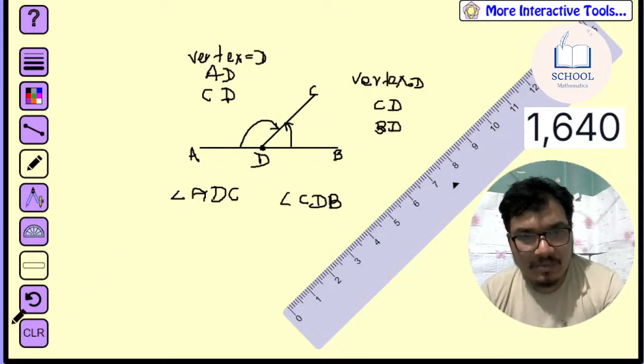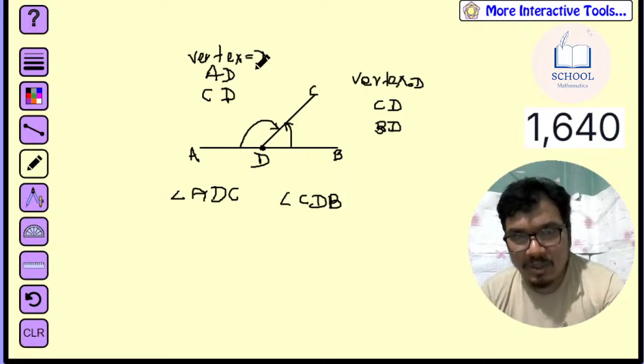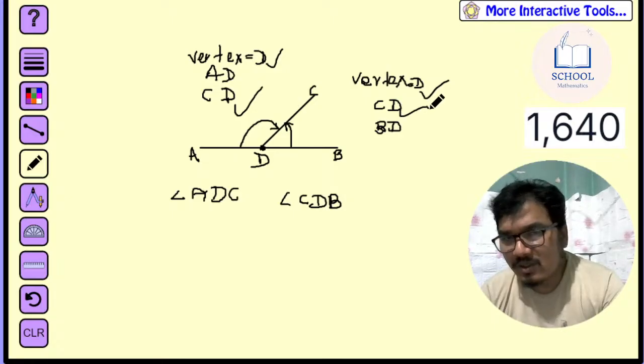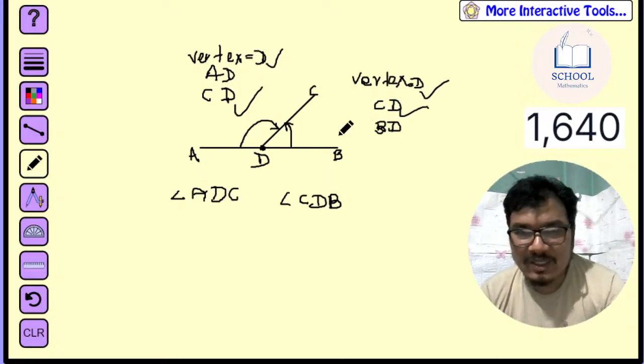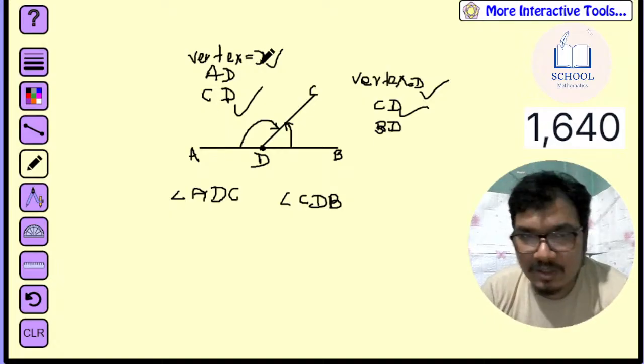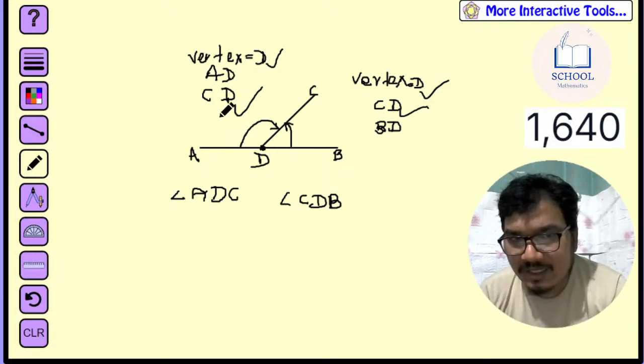Look, while observing these two angles, look what we find here. Vertex is same, and look, one arm is the same. Here, look, CD arm, here is another, that's also CD. Okay, that means we have here common vertex and common arm.